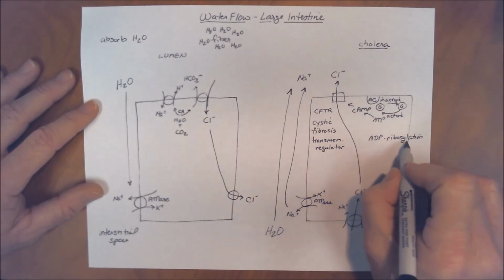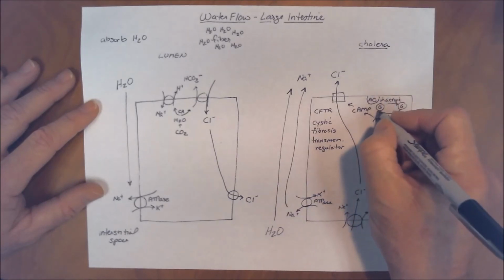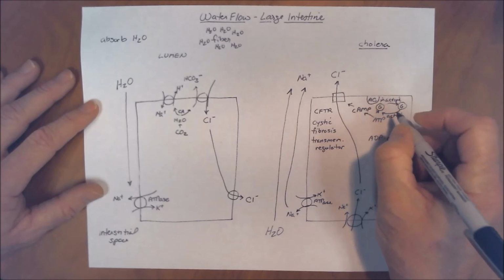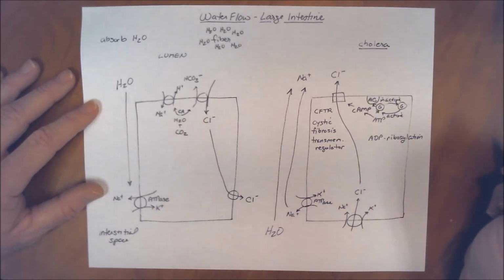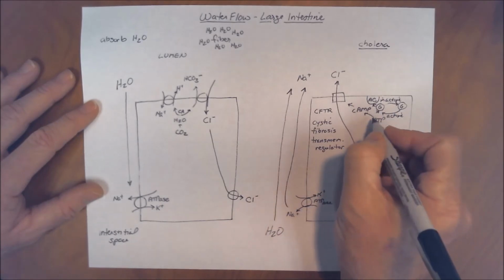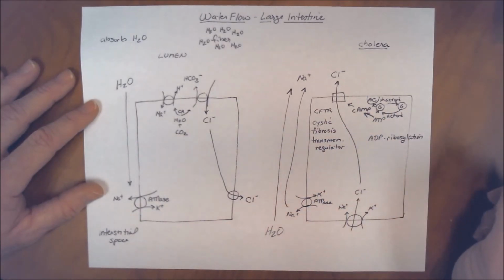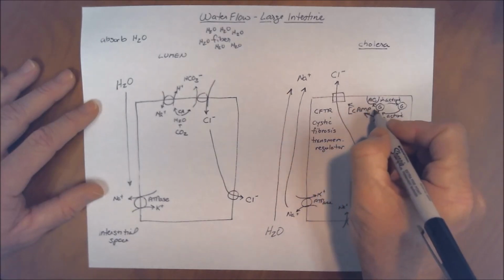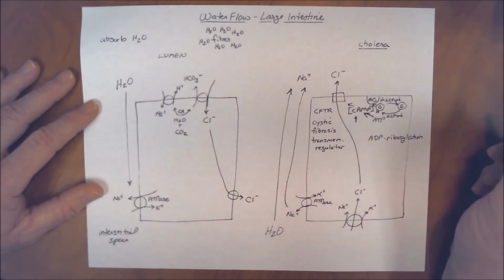If this factor modifies this so that this is constitutively active now, we will have constitutive activation of adenylate cyclase. We will have continuous production of cyclic AMP. So in cholera, our concentration of cyclic AMP rises dramatically.